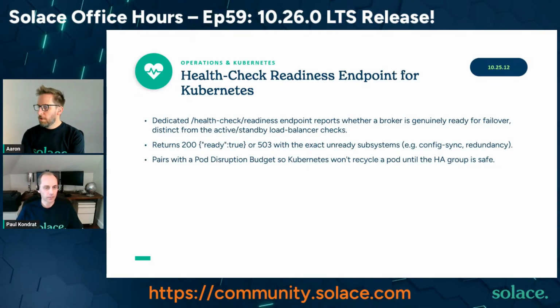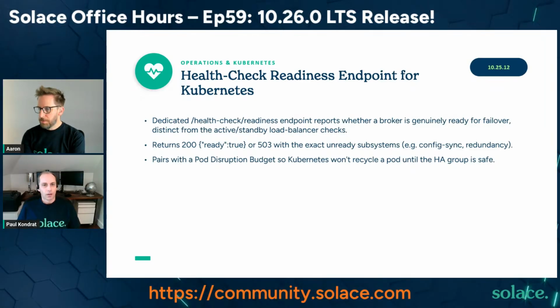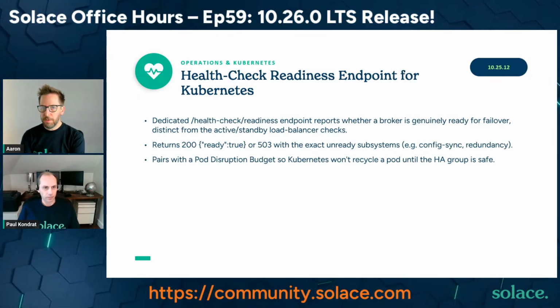First of all, for Solace software broker runners, if you're running Solace in Kubernetes, we have made an extra health check endpoint for monitoring the health of the broker. We have had the activity one, like, is it guaranteed active or direct active, for quite some time for the load balancer to point at it.